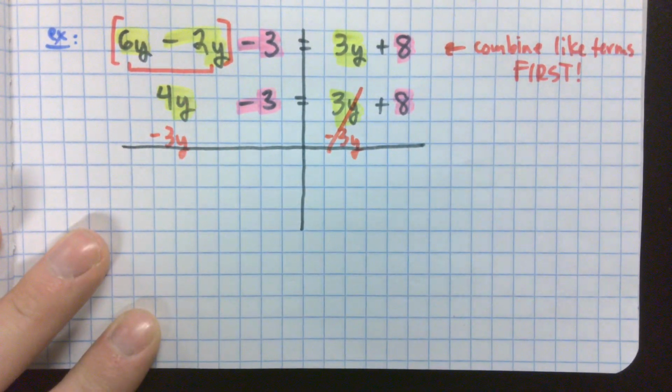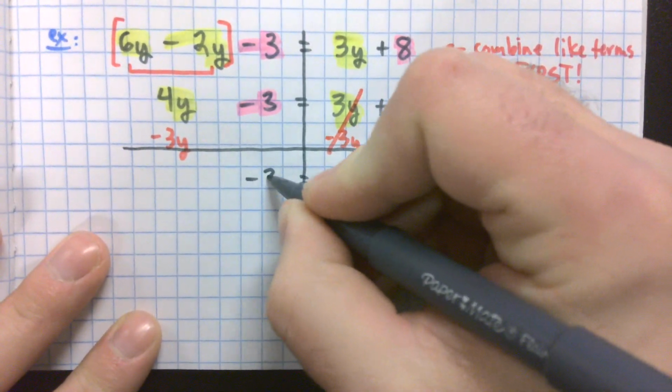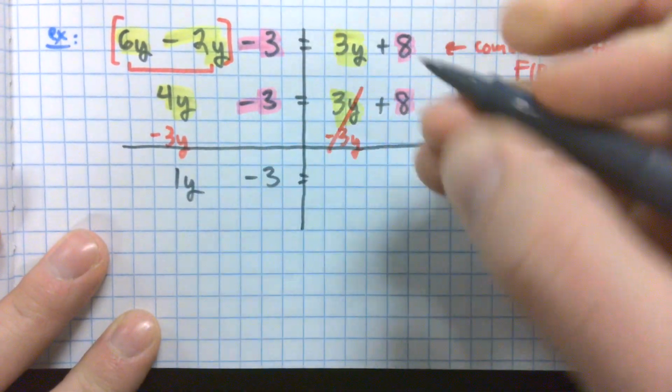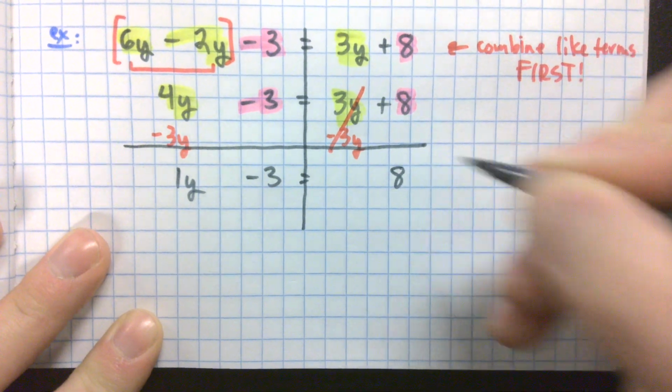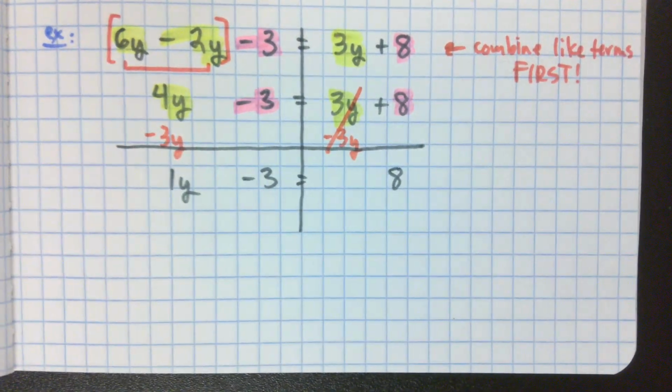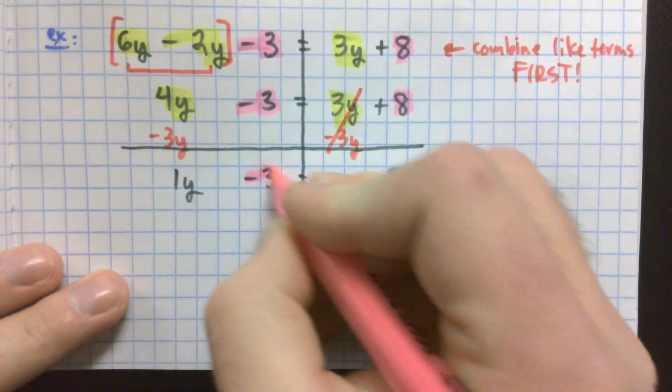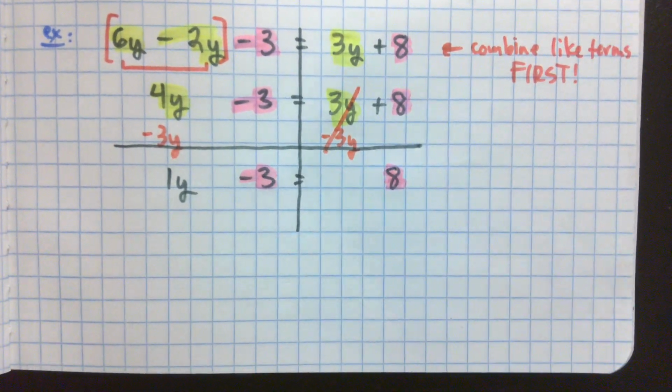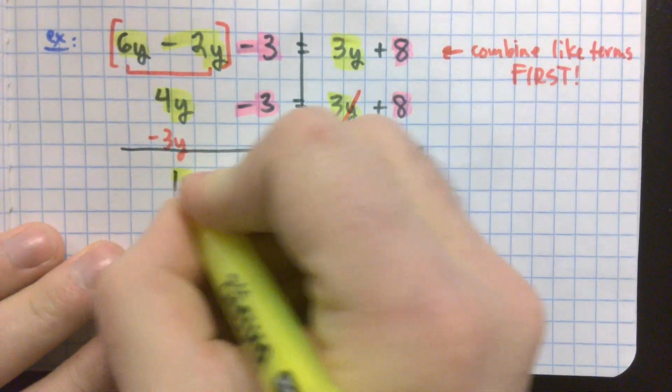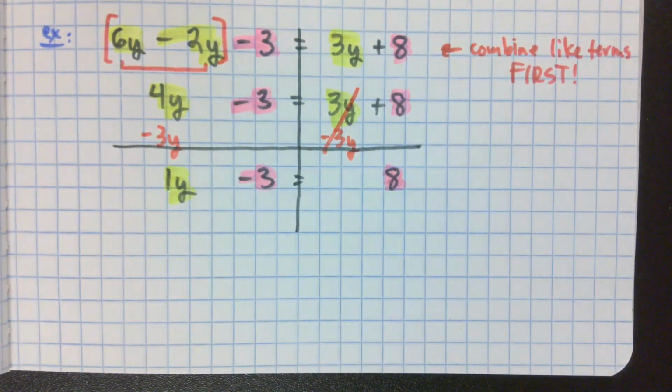What would 4y minus 3y give me? 1y. So we brought my variable term to the left.